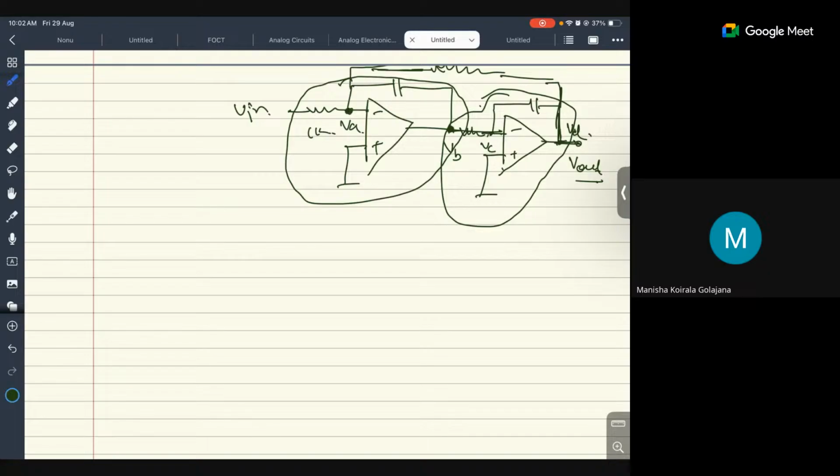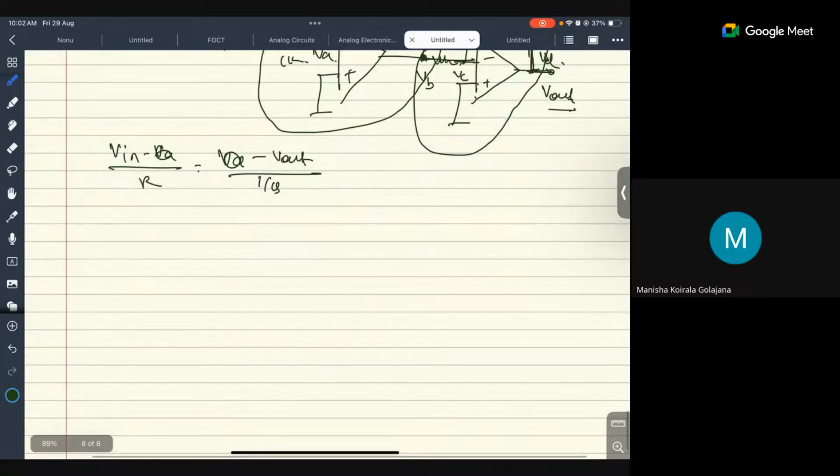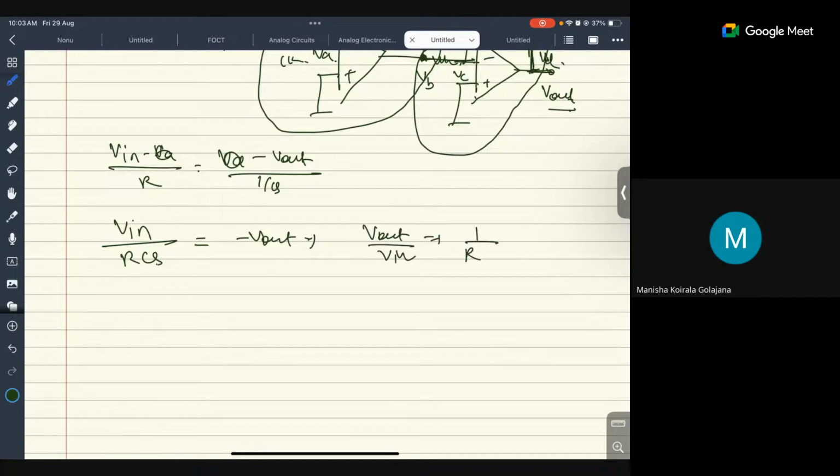If you check, this is the VA, so (V in minus VA) by R is equal to (VA minus V out) by 1 by CS. VA is 0, so this is 0. So V in divided by RCS is equal to minus V out, and V out by V in is equal to 1 upon RCS.